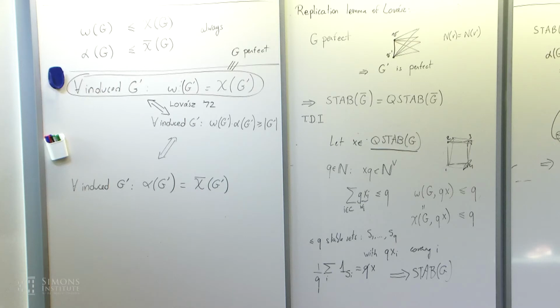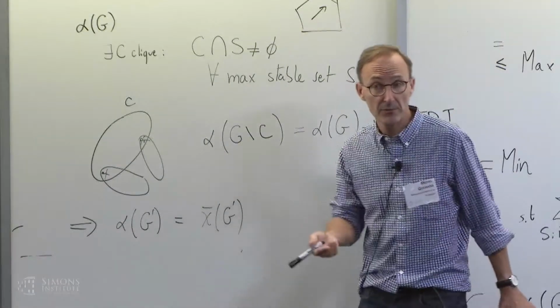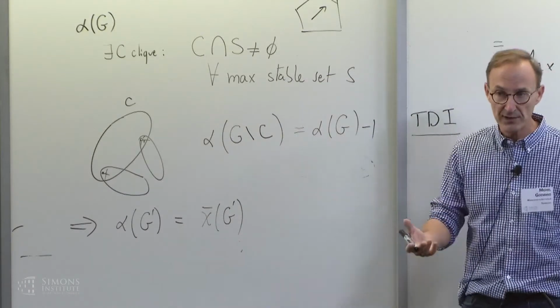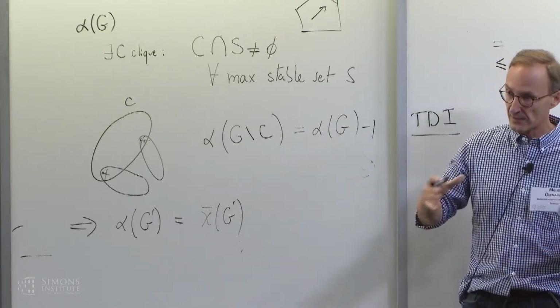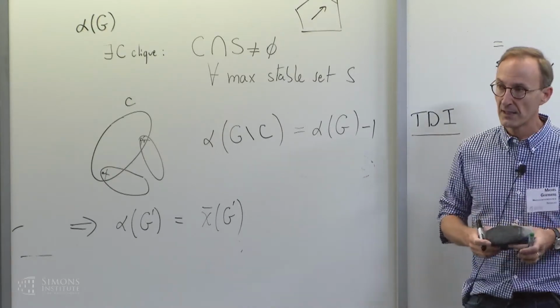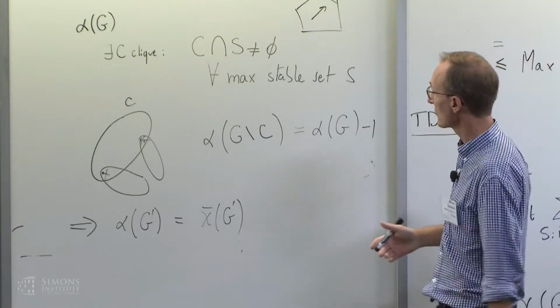One question that I find interesting is that you can decide if a graph is perfect in polynomial time using refinements of the decomposition theorem that came from the strong perfect graph conjecture.